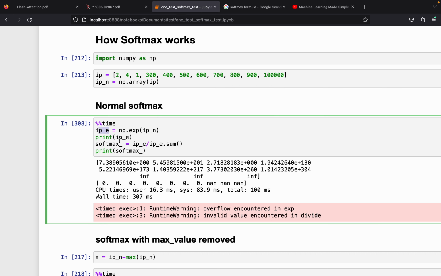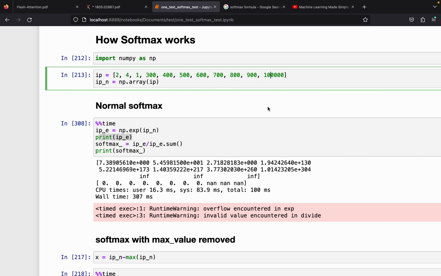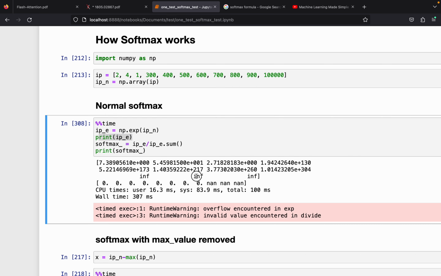And when we try to print it, we know that these are very big numbers, even inf here, and then for each of the raised exponentials, we divide by the sum of those exponentials. In this case, it's e raised to 2 plus e raised to 4 plus e raised to 1 etc. plus e raised to 100k, and finally this is what the softmax output looks like, vanilla softmax.